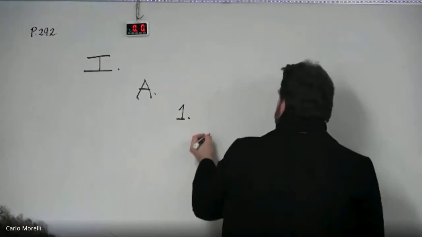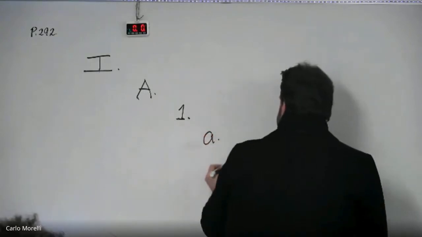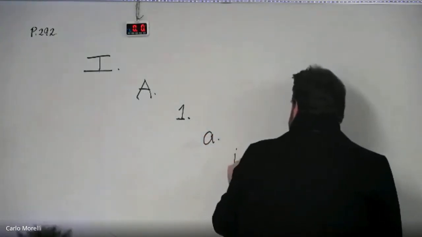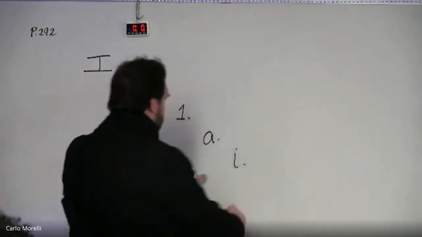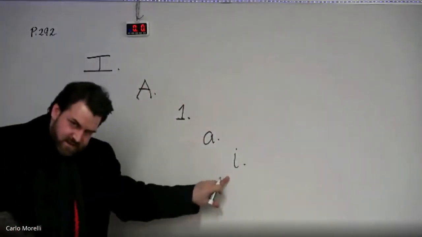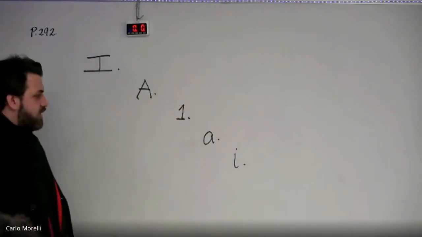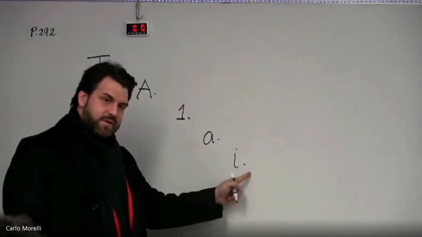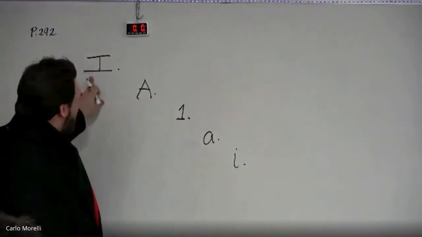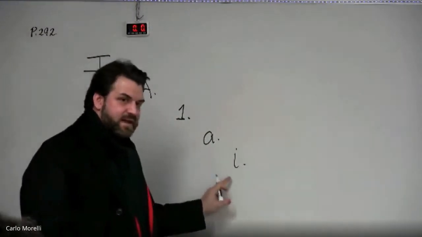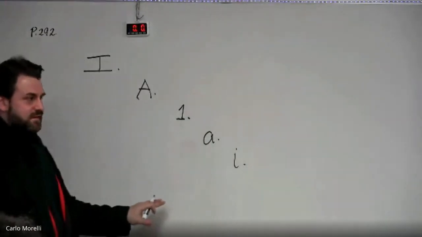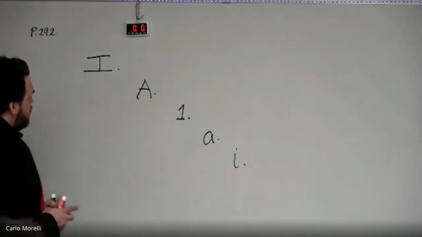And then we do a little letter, and then we indent, and then we do a little Roman numeral. This is called a Romanette because it's like a little Roman numeral, okay? And so if you wanted to tell me this location, you would say I.A.1.a.i.